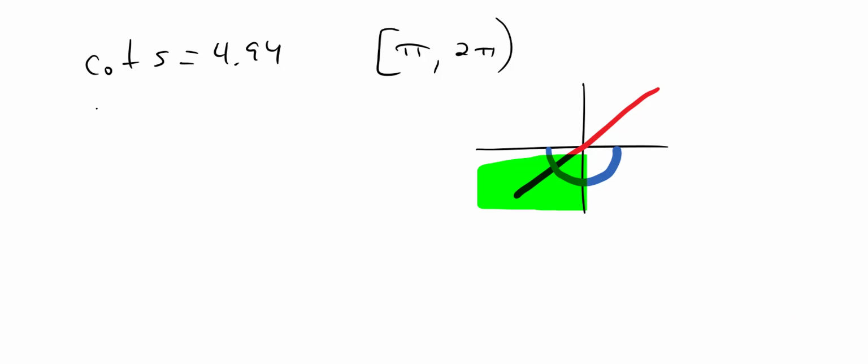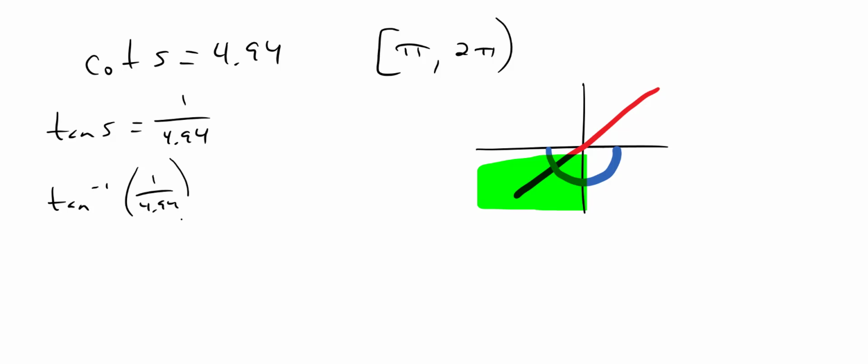Okay? So we're going to rewrite this as tangent of S equals 1 over 4.94. Okay? And then we're going to do inverse tangent of 1 over 4.94. It's positive already. And that gives us, again, our reference angle comes out to be 0.200.